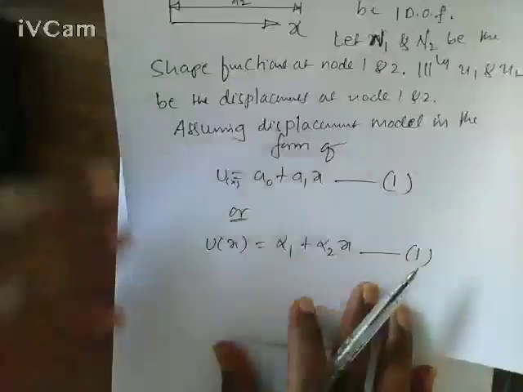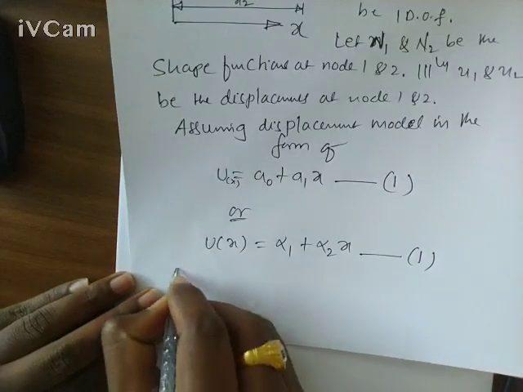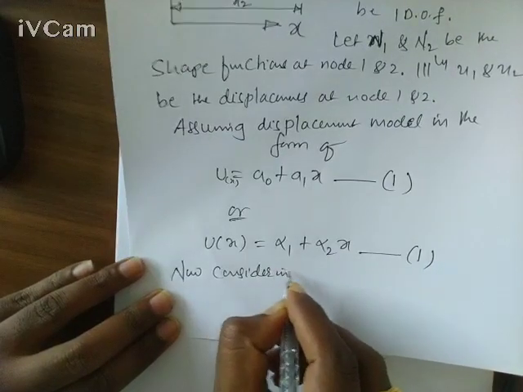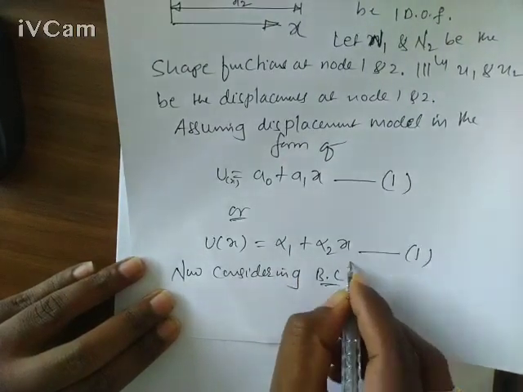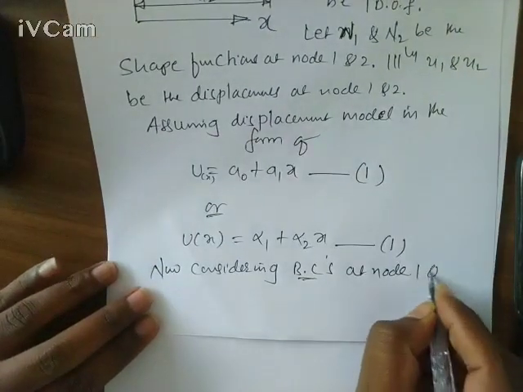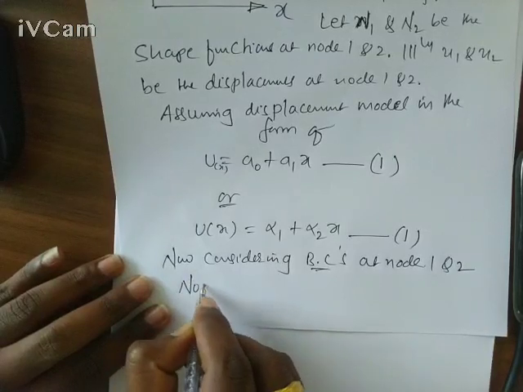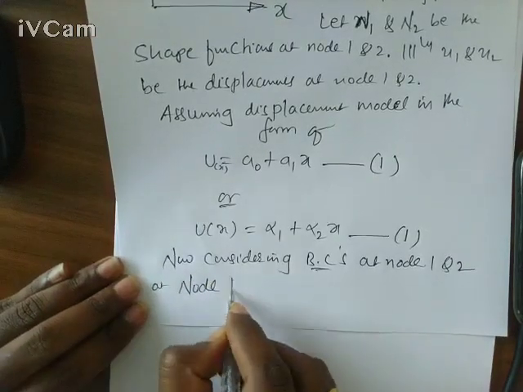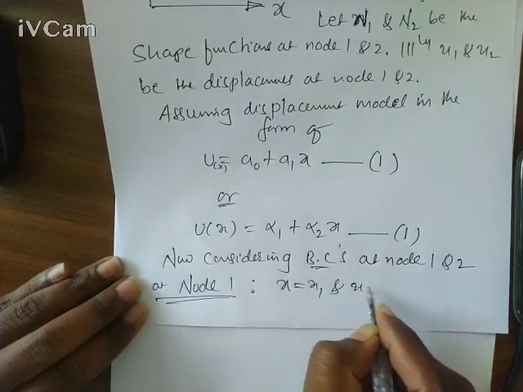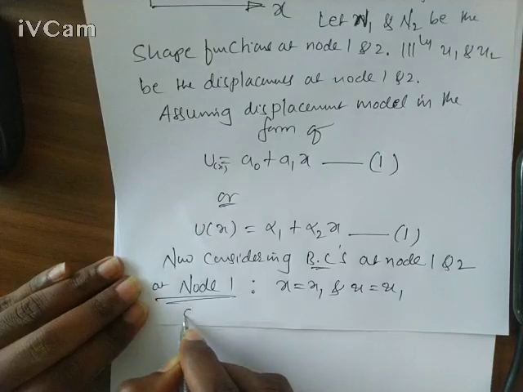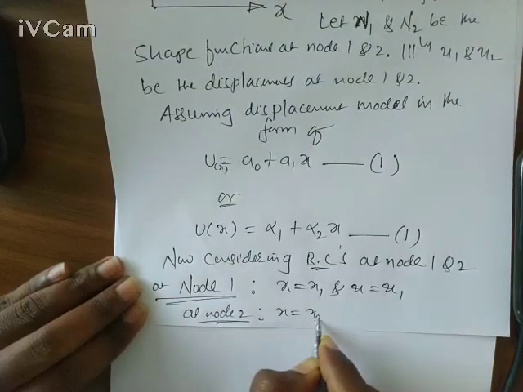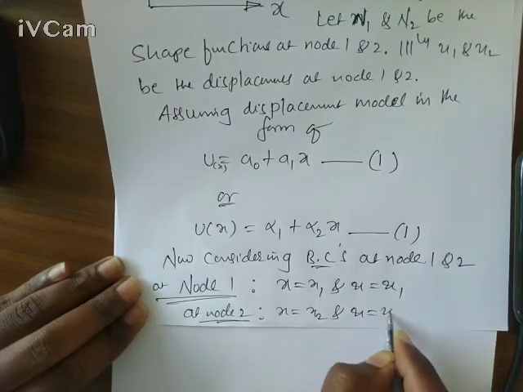So considering the boundary conditions at node 1 and 2: at node 1, x is equal to x1 and u will be u1. Similarly at node 2, x will be x2 and u will be u2.